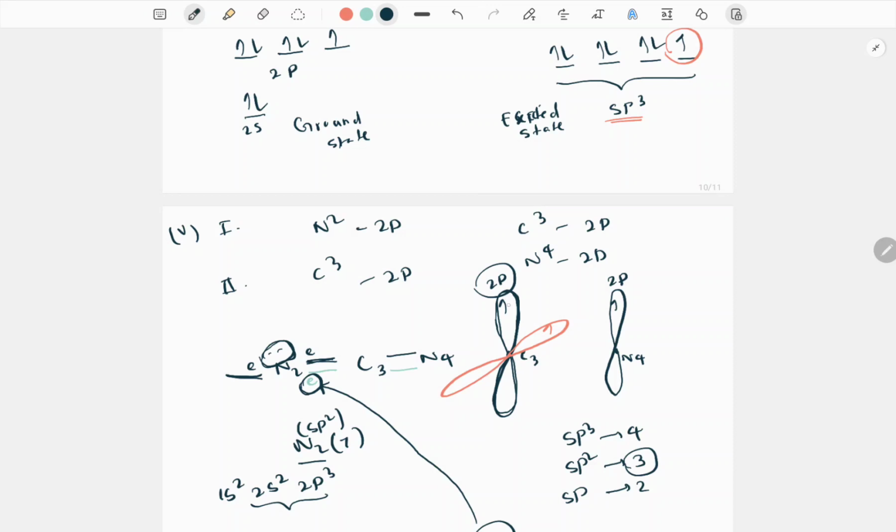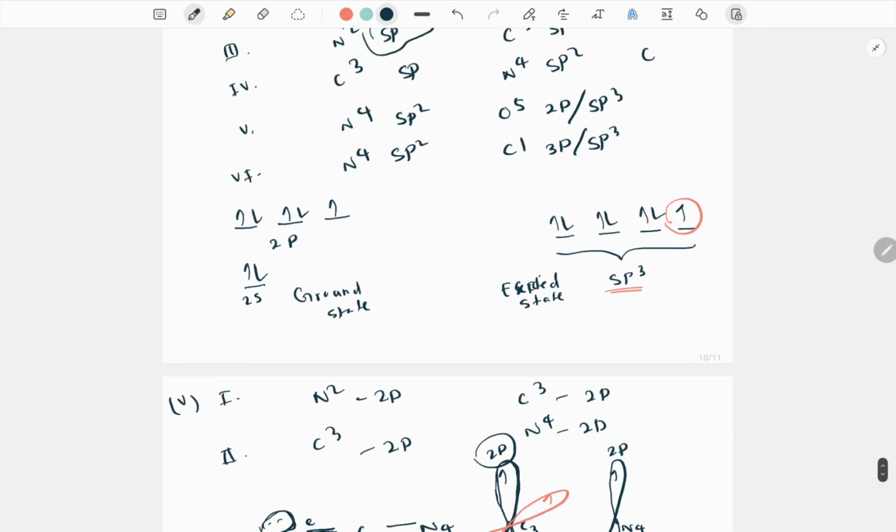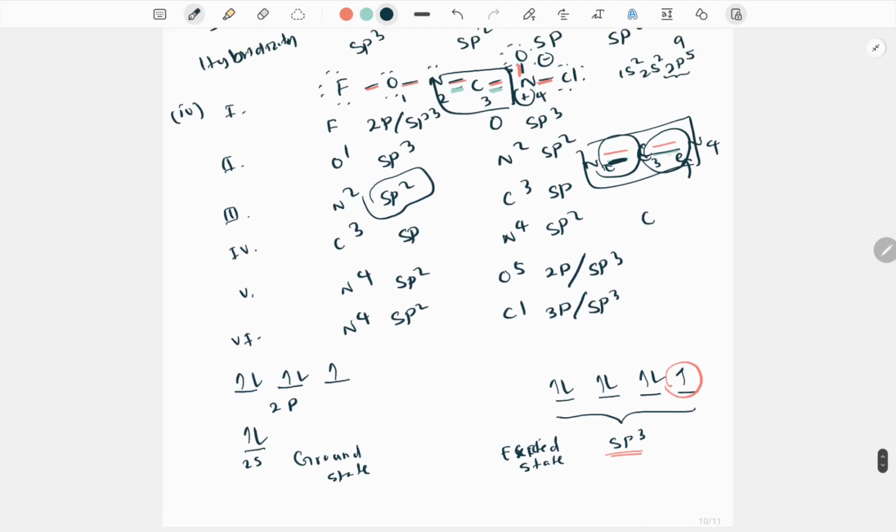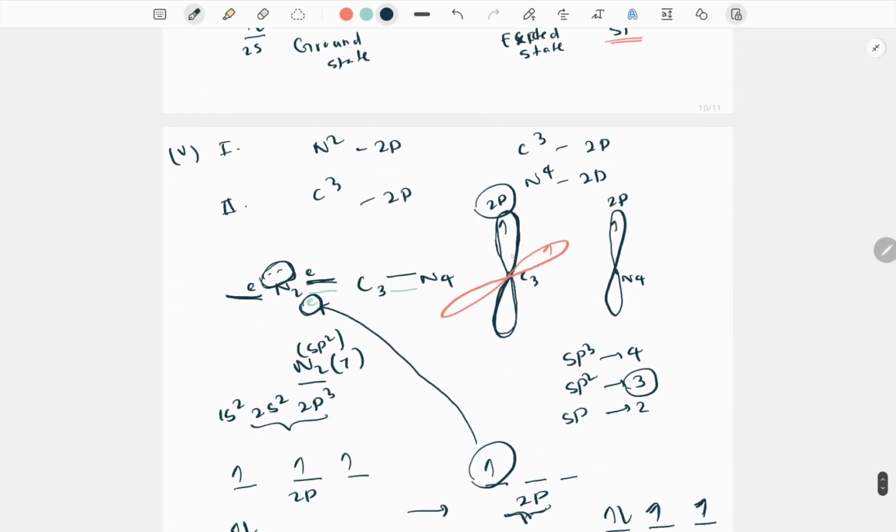This is one atomic orbital that gives 1 electron to 1 pi bond, and the other one for the other pi bond. Between these two, the angle is 90. It means they are perpendicular to each other. Then we can say that between pi bonds, the angle is 90, or they are perpendicular to each other.